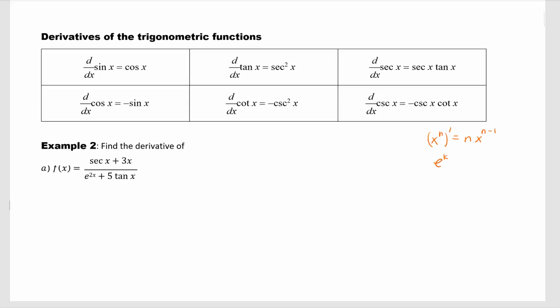And the derivative of e to the kx is k times e to the kx. Remember, father looks like the son, but father has the mustache. But don't put e to the kx minus 1. Don't change the exponents. The father looks exactly like the son, but just the father has the mustache. So k is like the mustache. Okay. All right. So we're ready.